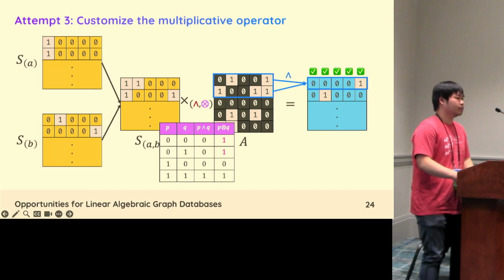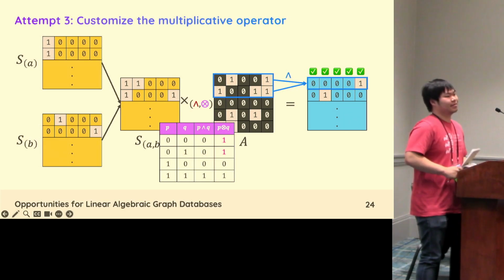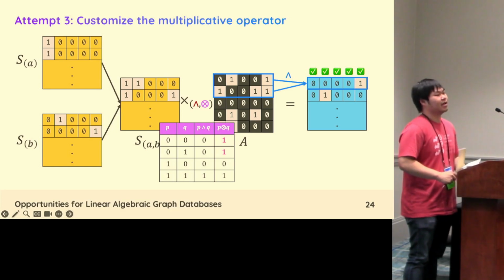So I have a question. Just to follow up, I guess the point here is that it's not commutative, but it's associative, right? Yes, so you need to have a special operation. Yep.